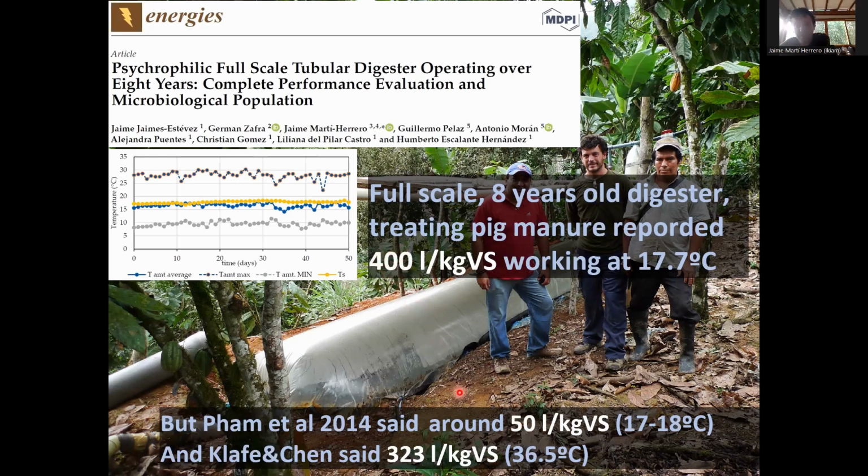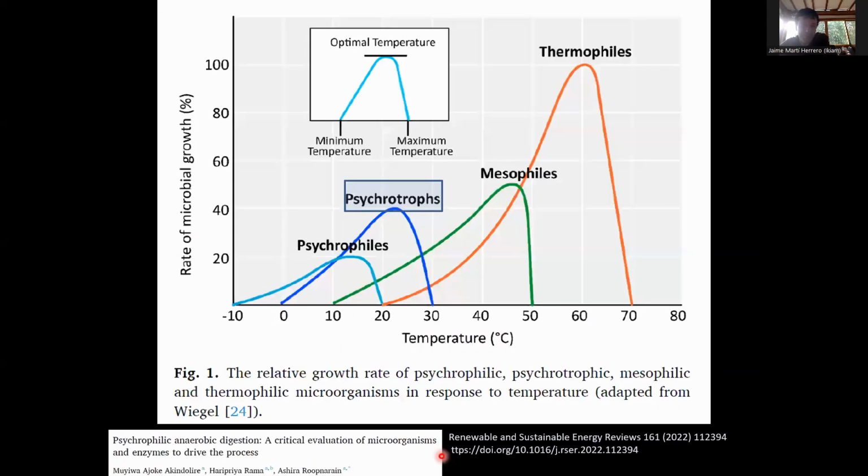And the reference for pig manure at 36 degrees, the best condition, is 323 liters. So what is going on? We are producing a lot of biogas, a lot of methane in very poor conditions, with temperature very low, 17, but we are producing as much methane or more than in the best conditions. So we have a problem between laboratory and real life, as I used to say.